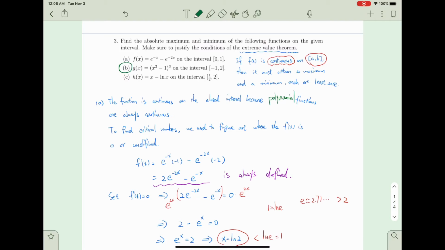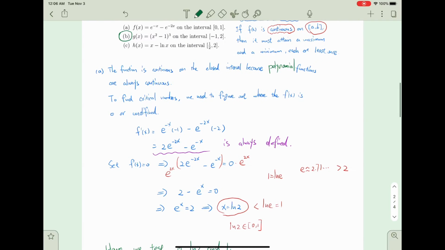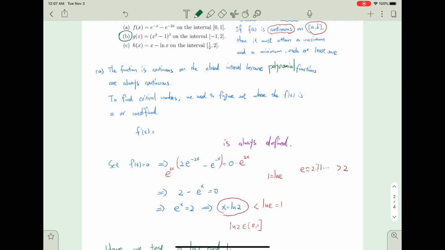To find the critical numbers, we need to figure out where the f prime x is 0 or undefined. So the same setup, we just need to change the function here, right? Change this thing here. So the function we're working on is this g of x. When we find the derivative, we need to apply the chain rule at the first step.